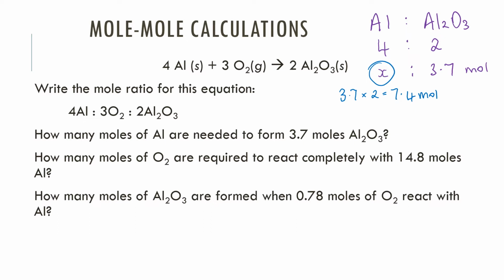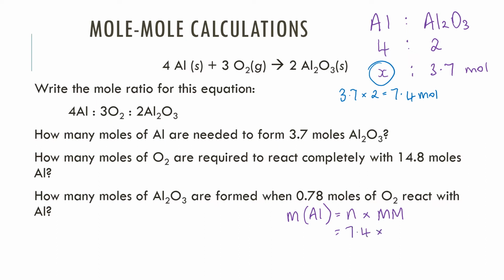Linking this with our other mole calculations, we can then convert that to find out the mass of aluminium that we require. Rearranging our equation, mass is equal to moles times molar mass. We know we need 7.4 moles.